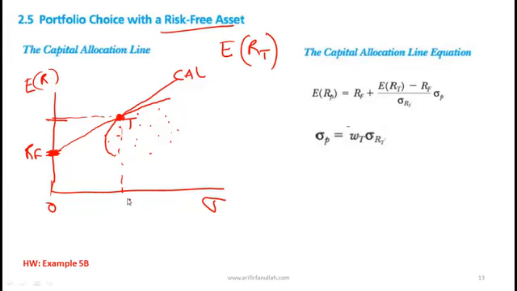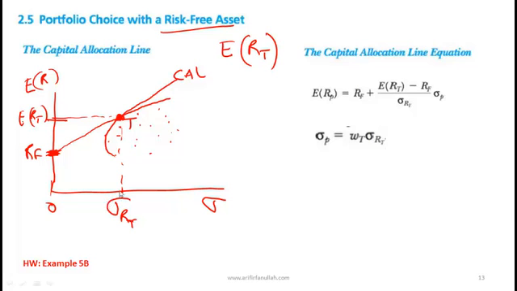They are calling it the standard deviation of RT. So RT is that portfolio at tangency. That's the expected return of RT, and that's the standard deviation.